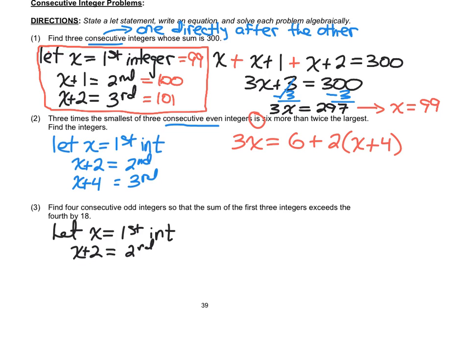If I'm at 3 and I want to get to 5, I have to add 2. And then 7, I'm going to add 2 again. Then 9, add 2 again. So it's still the same relationship. Regardless of whether you're dealing with consecutive even or consecutive odd, you're still adding 2 each time. So that might take a little of the guesswork out, which is generally a good thing.